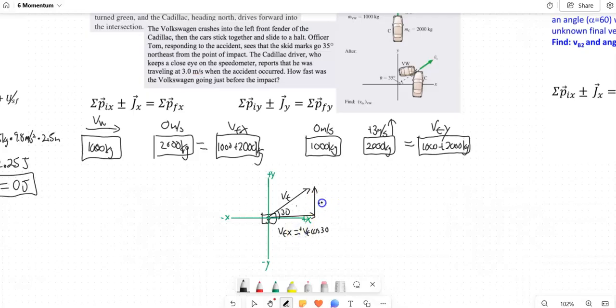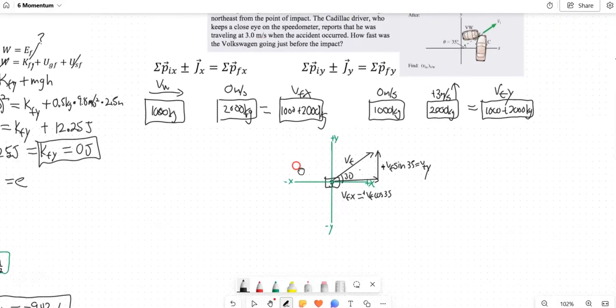It's v final sine of 35 degrees. I've got to be careful. That's at 35 degrees, not 30. So we are going to replace these two values with this stuff, v final y.